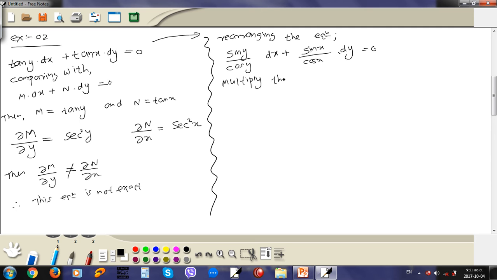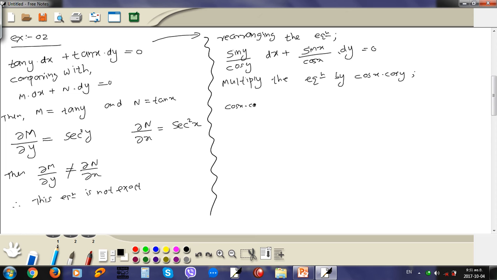Now I am going to multiply the equation by cos x cos y. Now we'll see what happened.